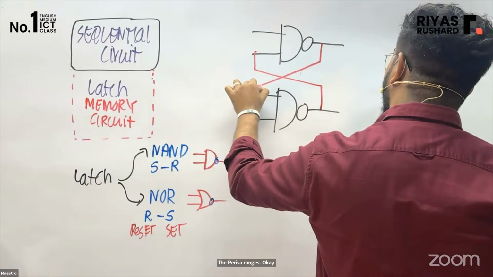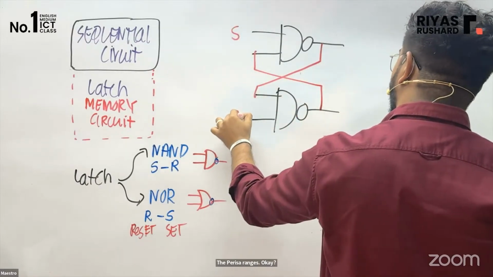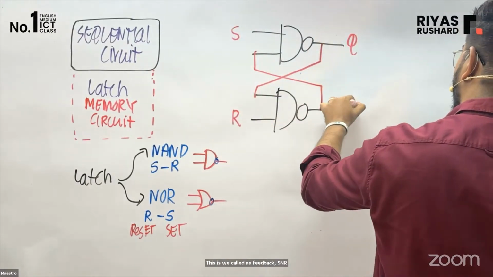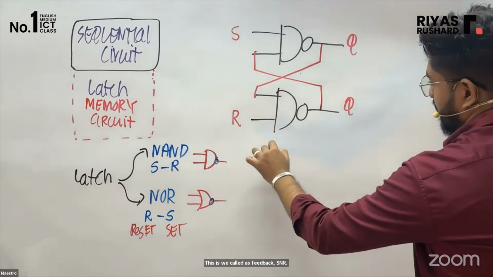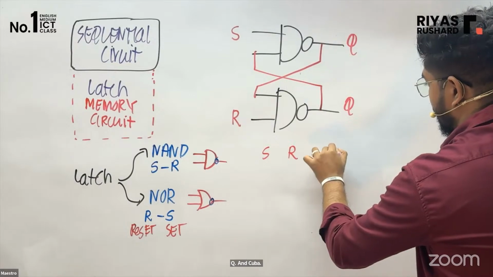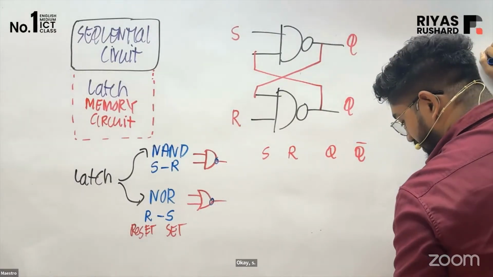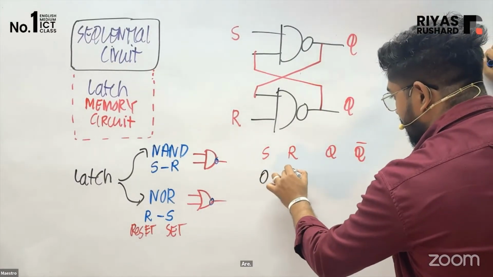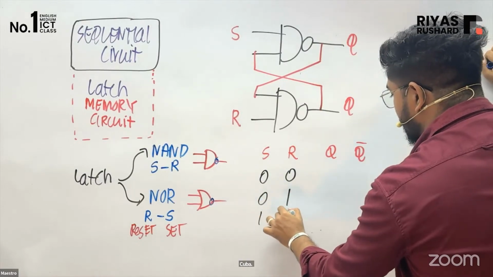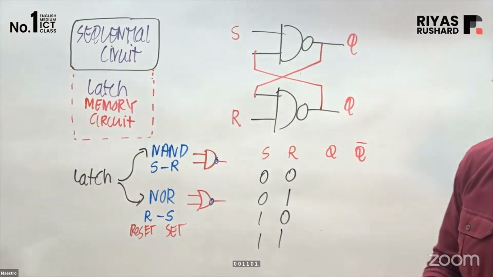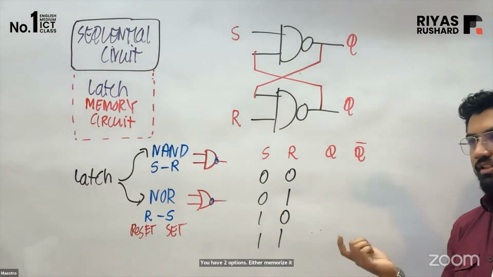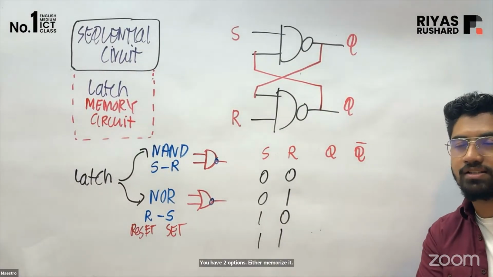This is what we call feedback. S R, Q and Q bar. Okay, S R Q Q bar: 0 0, 0 1, 1 0, 1 1. You have two options. Either memorize the answer, or learn how to get the answer.